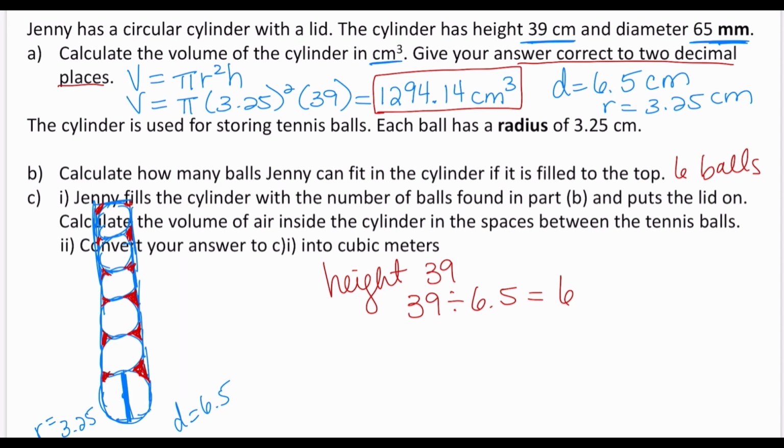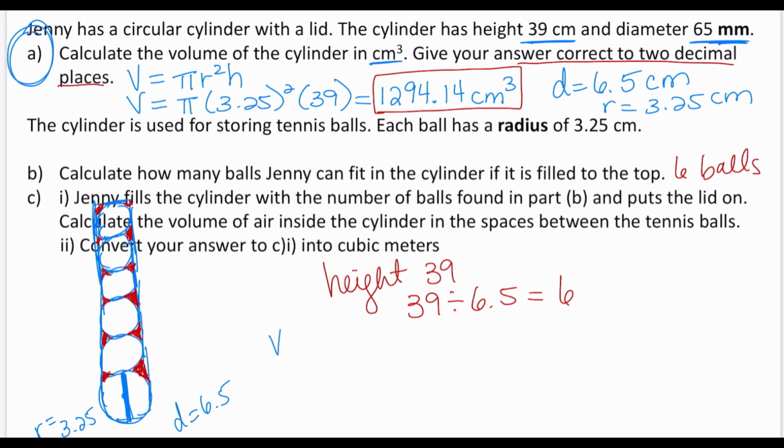Why don't we take the total volume of the entire container, which we found in part A, if you remember, we did find that already, and let's find the volume of 1 ball. Let's go ahead and multiply that by 6.